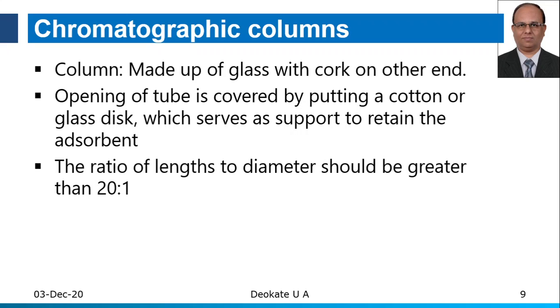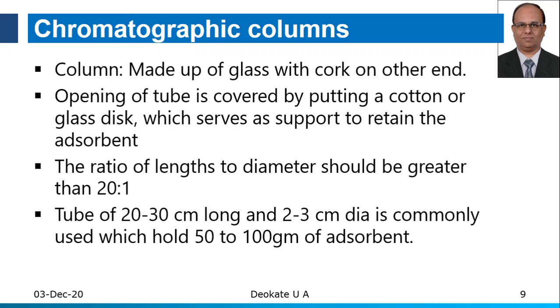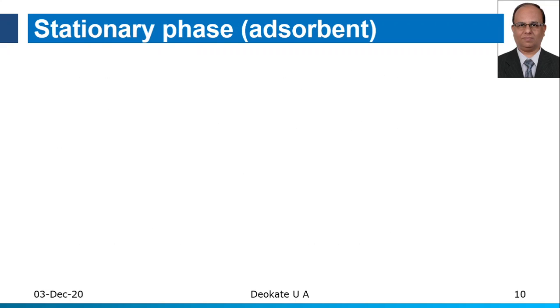The ratio of length to diameter should be greater than 20 to 1. If your diameter is 1 centimeter, the length should be 20 centimeters. Tubes of 20 to 30 centimeters long and 2 to 3 centimeters in diameter are commonly used, which hold 50 to 100 grams of adsorbent in the laboratory.